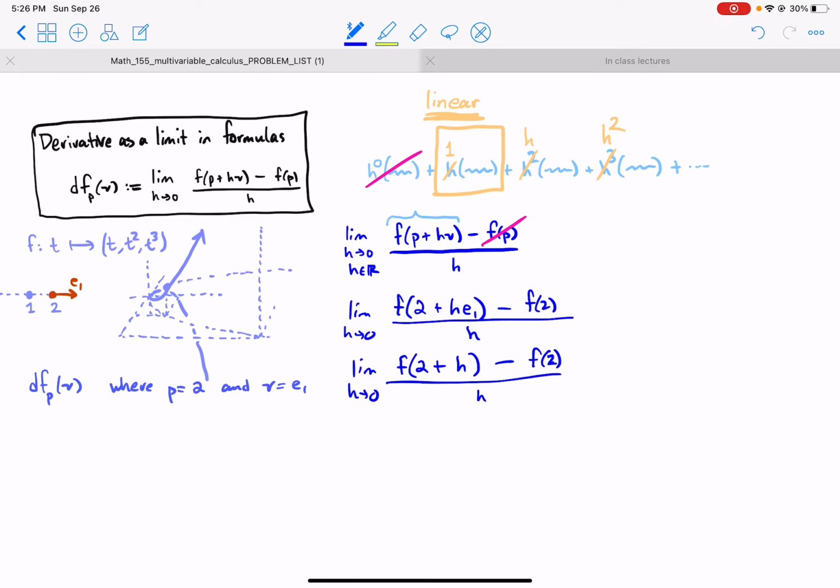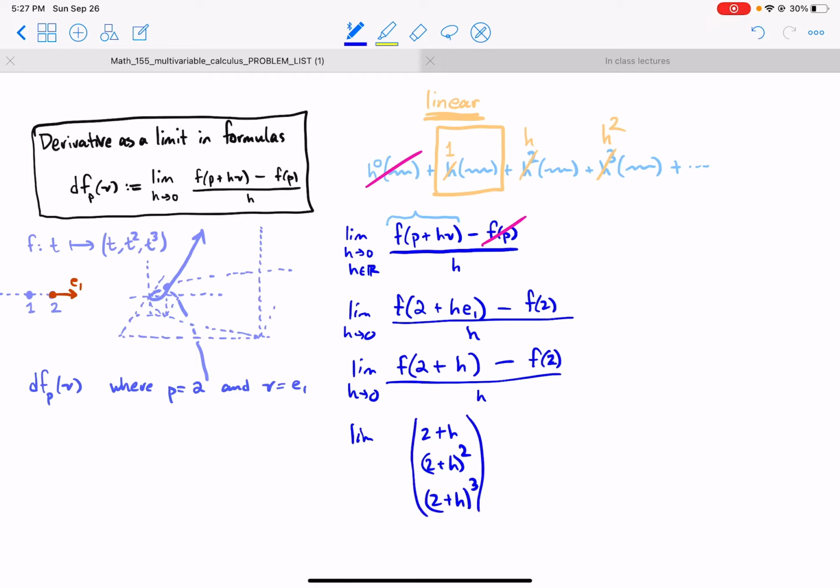Now what happens? Well, let's plug in f of 2 plus h. So I take 2 plus h, and I plug it into my map. What I get is a vector up here. This top will become a vector. What is it? It's 2 plus h squared, I'm going to write it as a column, 2 plus h to the third.